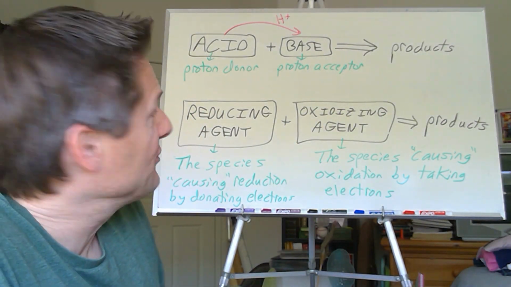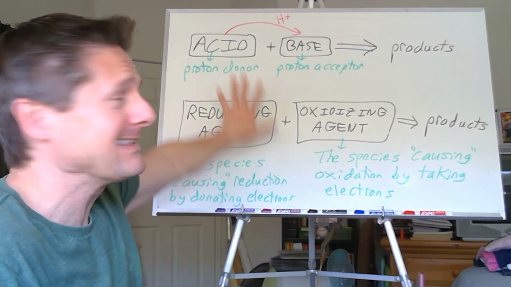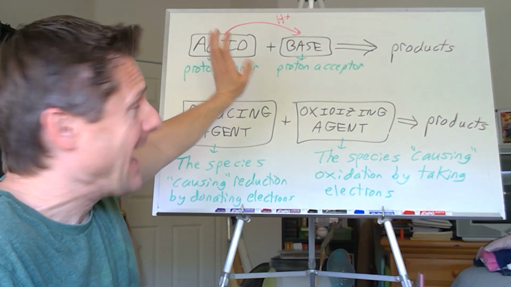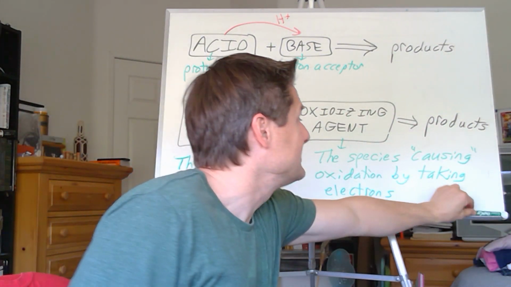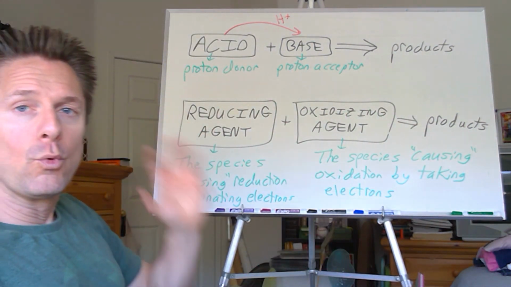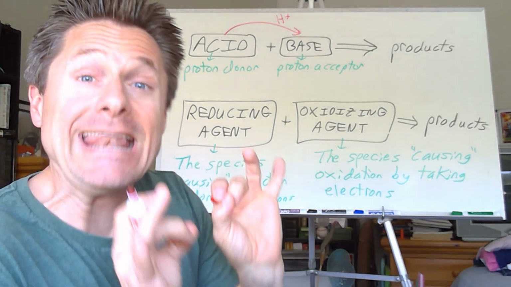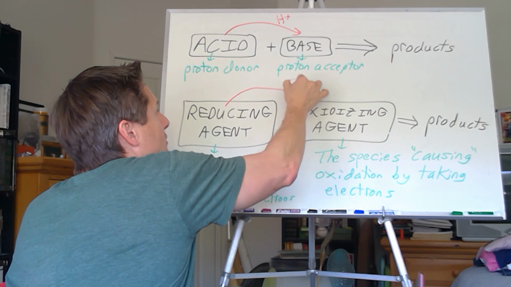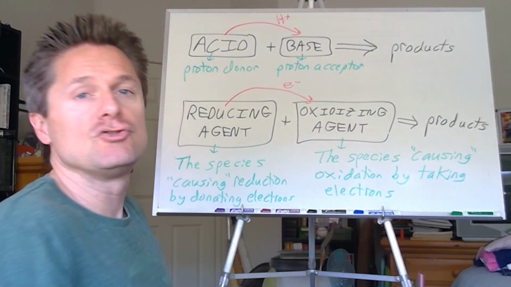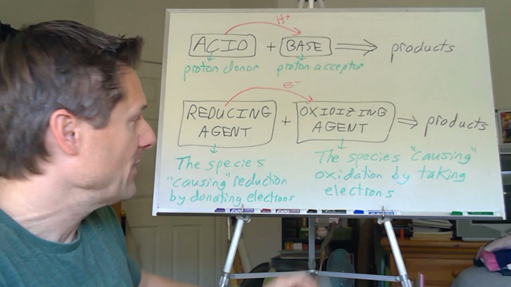So we looked at acid-base strength. But let's look at it in the same view. An acid-base reaction is a proton transfer from the acid to the base. Well, if we look at it exactly the same way, a redox reaction is an electron transfer from the reducing agent to the oxidizing agent. How does that work out?